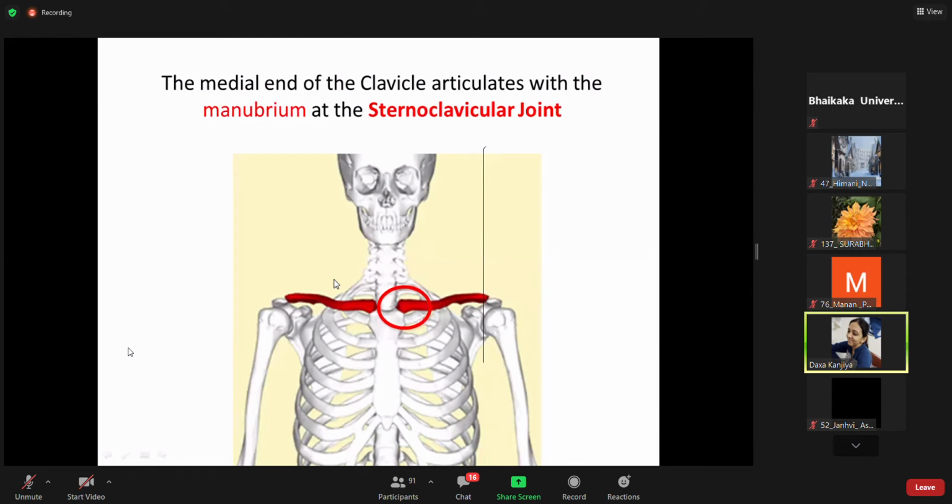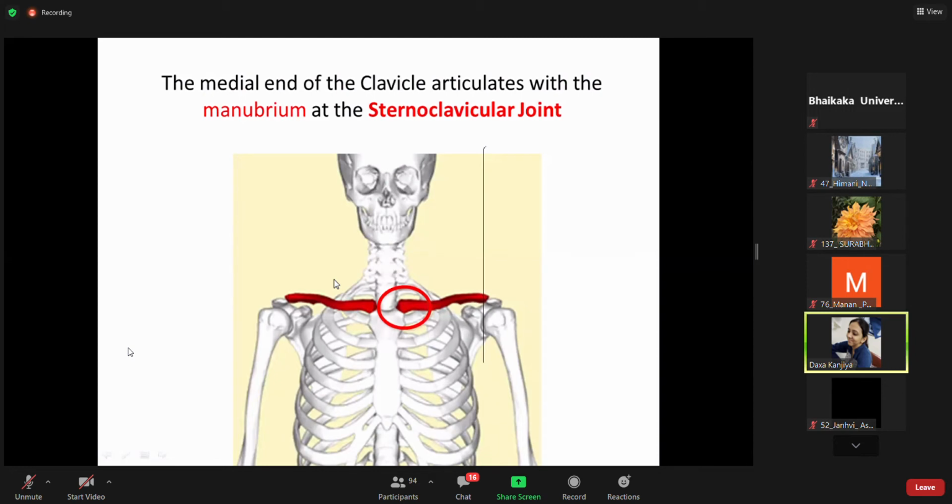Which movement takes place at this joint? Saddle joint is a multi-axial joint, right? So which movements take place at this joint? For example, the shoulder joint is a multi-axial joint.